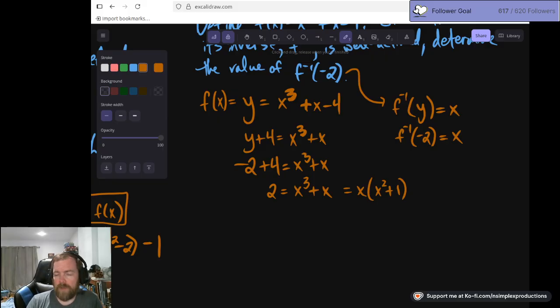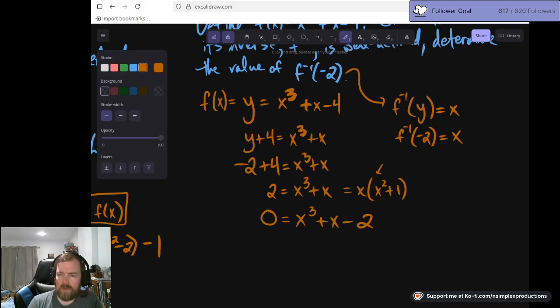I don't recommend it necessarily, especially for your go-to move. If you're gonna do it for your go-to move, it's gonna cause some problems because eventually you're gonna run into a problem where it doesn't work like that. Alright, so here 0 is equal to x cubed plus x minus 2.